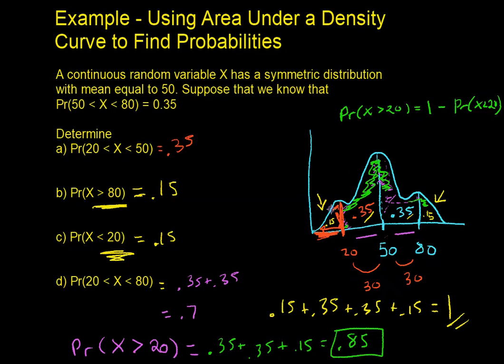The entire area under this curve is 1, so if I just take off this one little section, that tells me the probability of being more than 20. So 1 minus 0.15 equals 0.85. It's two different ways to get the same answer. And I would argue that the second way is easier because you're just doing 1 minus 0.15 as opposed to adding up a bunch of different numbers.